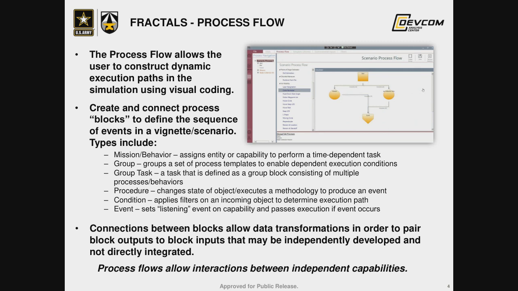Something I really haven't mentioned about Fractals is how each of the modules are completely separated and independent of each other. Fractals itself does not actually know about the modules, so it has no idea that TIPS exists.